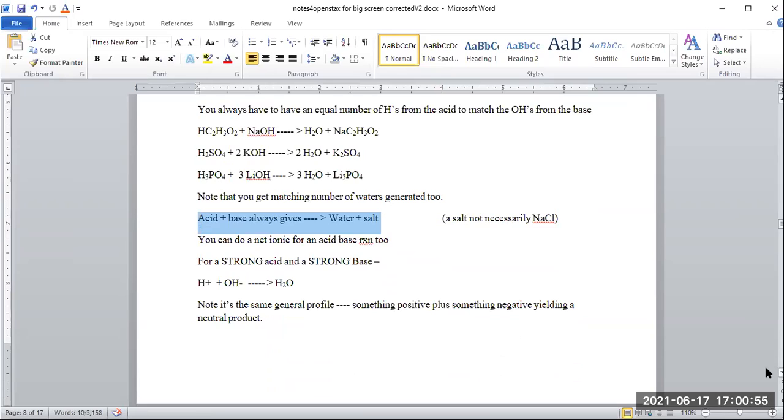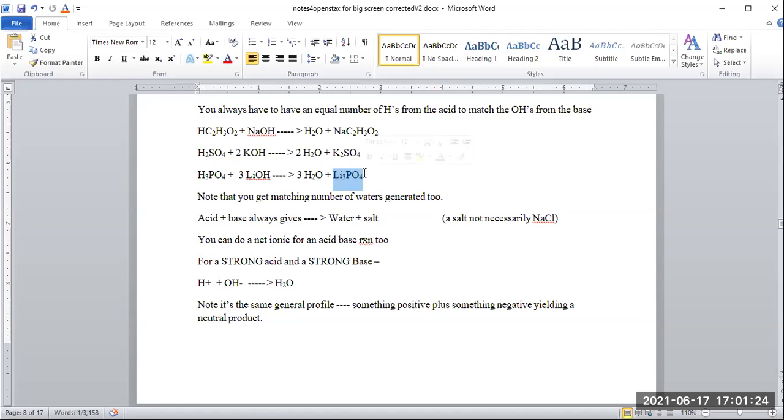Once you get rid of the spectators, which for the first one would be the sodium and the acetate, for the second one would be the potassium and the sulfate, for the third one would be the lithium and the phosphate, all we have left over are the H's, the OH's, and the water molecule.